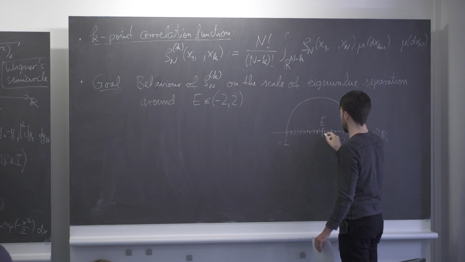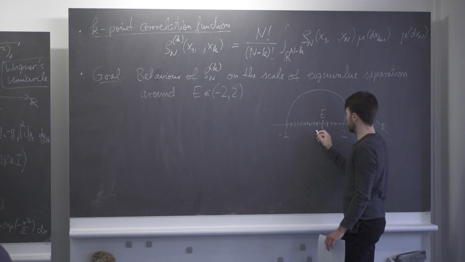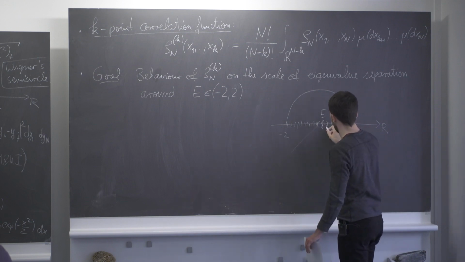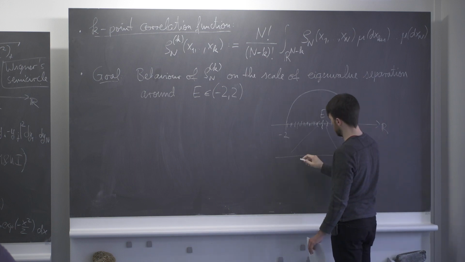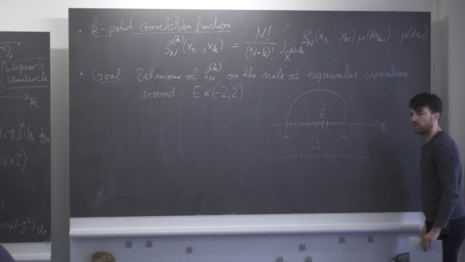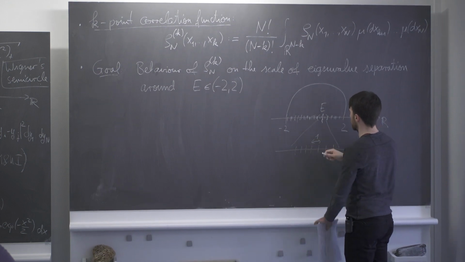And now we want to understand what happens to the eigenvalues in the surrounding of this e. So we will zoom this out. So you want to rescale it in such a way that around e, the eigenvalues somewhat have distance 1 from each other. And how do you have to rescale?